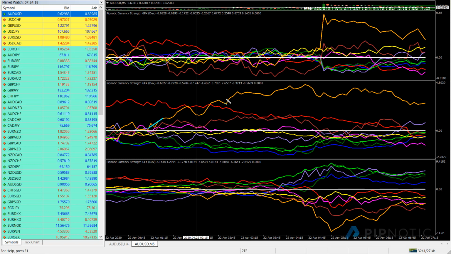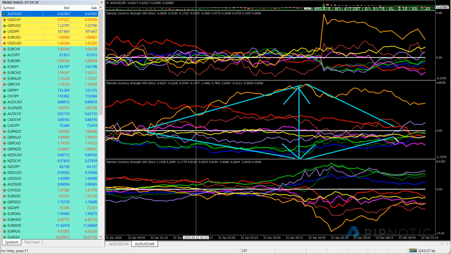once a currency begins to pick up in strength and another one begins to move lower in strength, this gap between these guys here is essentially showing us extreme readings. So by the time this becomes visible, we could typically expect these two currencies to begin to converge once again.